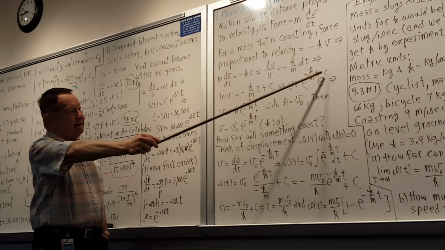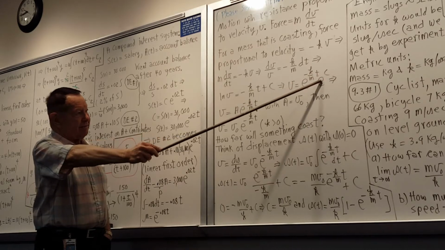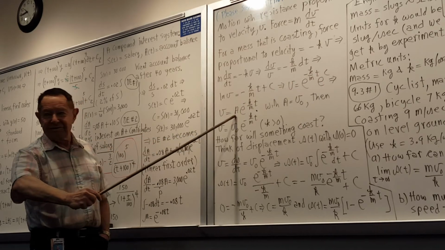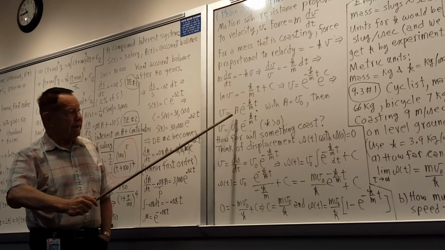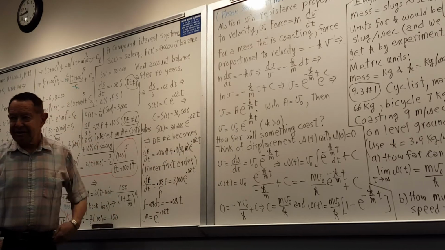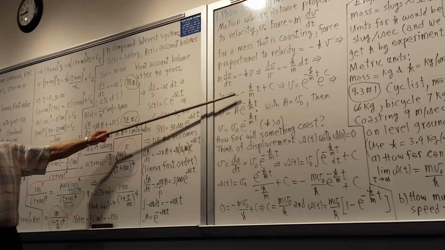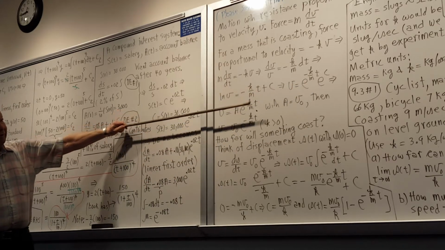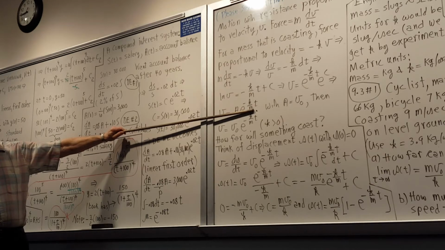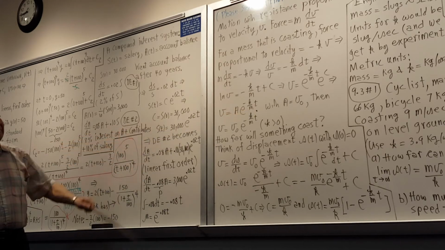So then you can write it like that, and then e to some constant is just another constant. So you can write your answer like this. And once you've thought through this drill, you can just go from the log form to the exponential form as something you've memorized.